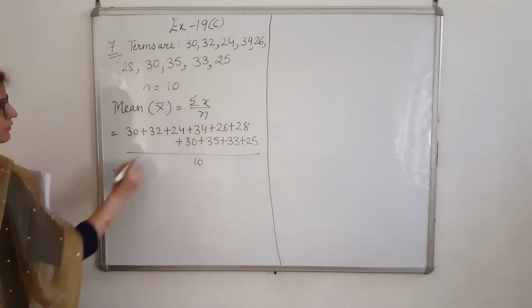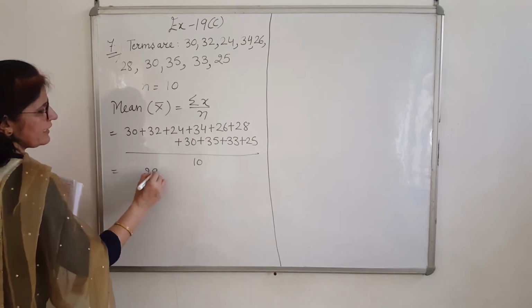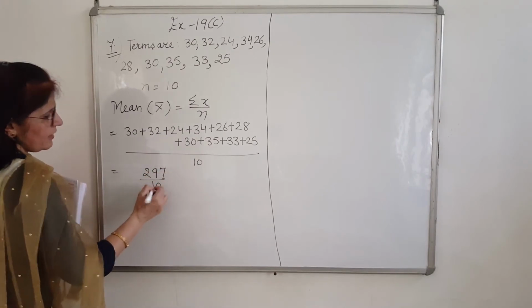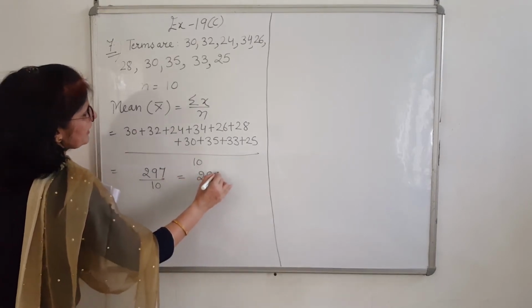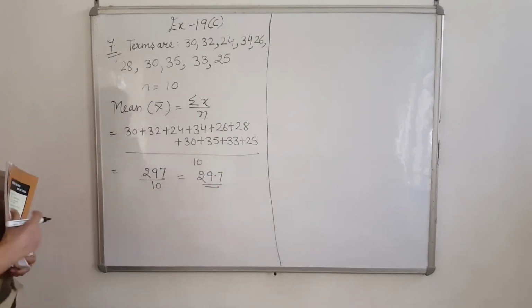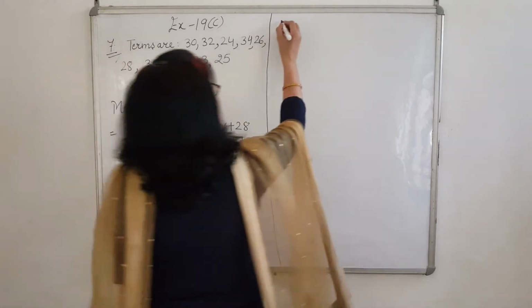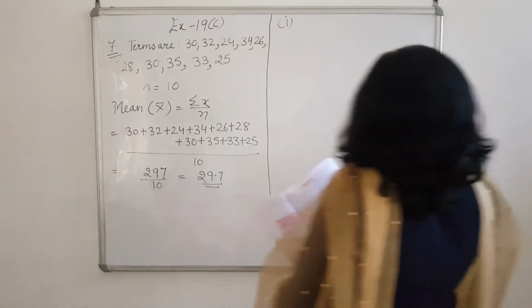When we add all these 10 numbers we get 297 upon 10. Dividing by 10 means 1 decimal place. So our mean is 29.7.